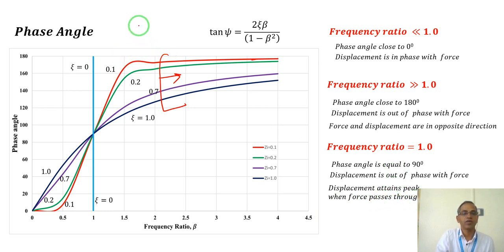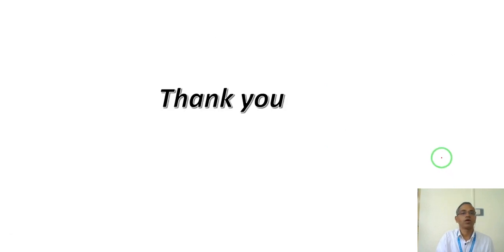Whenever we have force responses like this, when it passes through 0 force, this is f of t, when force passes through 0, here, at these points, your displacement becomes very high. That is when the frequency ratio is equal to 1.